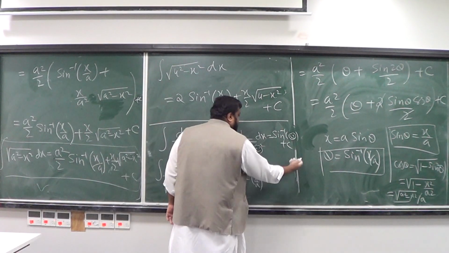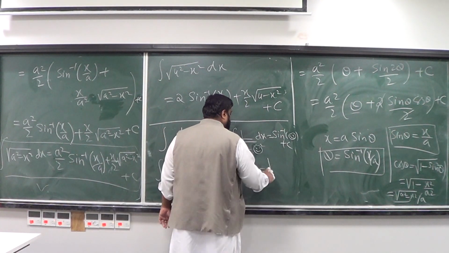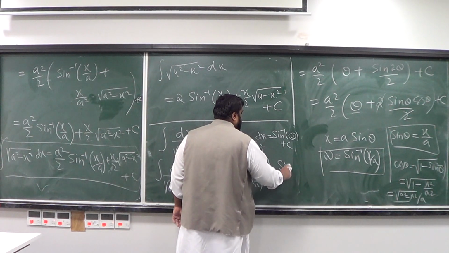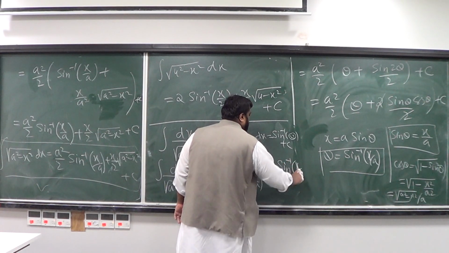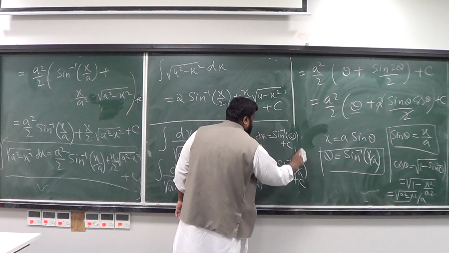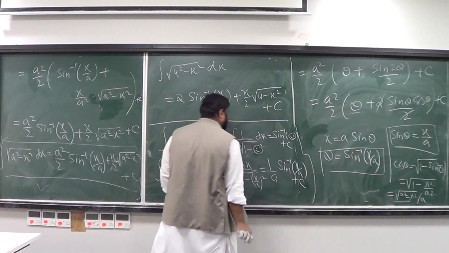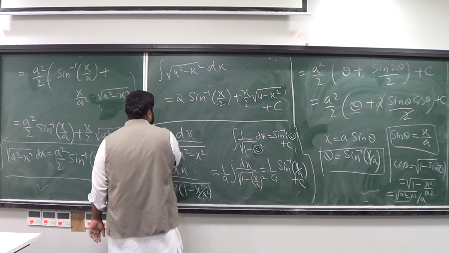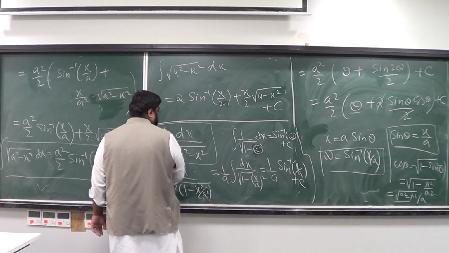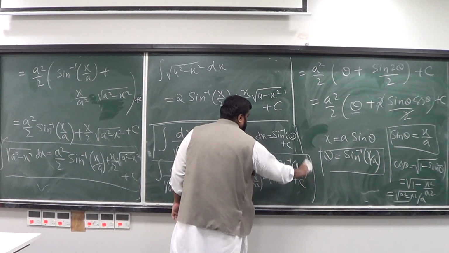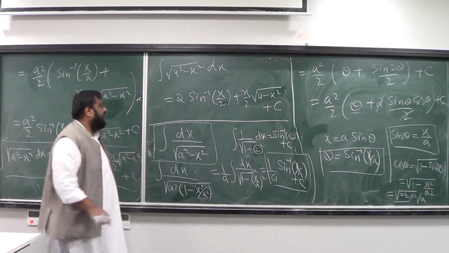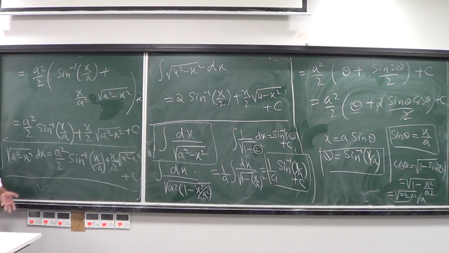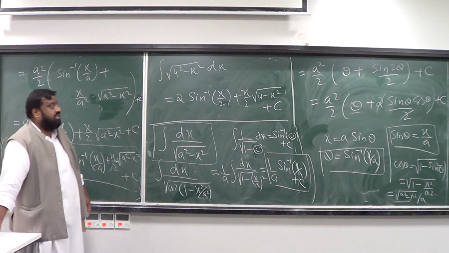So you're going to get 1 over a times sine inverse x over a plus c. This is really the integral if the expression a square minus x square is in the denominator. So you can easily compute these integrals.